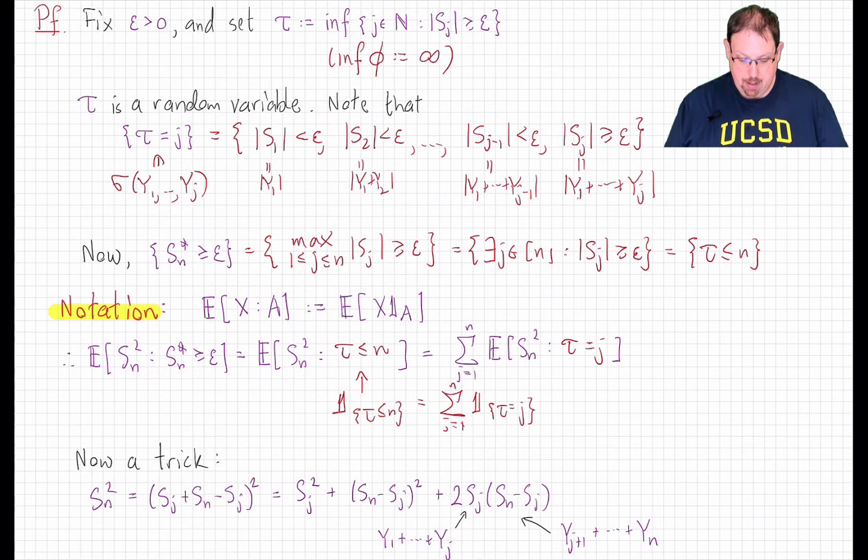And keeping in mind what Sn is, notice that Sj is the sum of y1 through yj, whereas Sn minus Sj is the sum yj plus 1 through yn. That's relevant because of our assumption in this problem that the random variables y1 through yn are all independent. And so by the grouping lemma, this is independent from this.